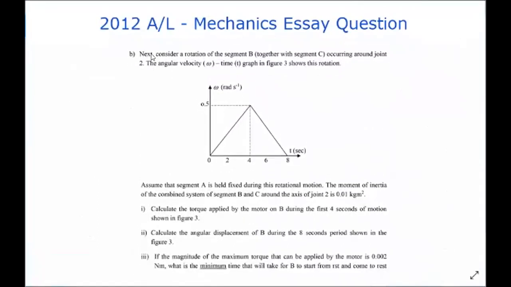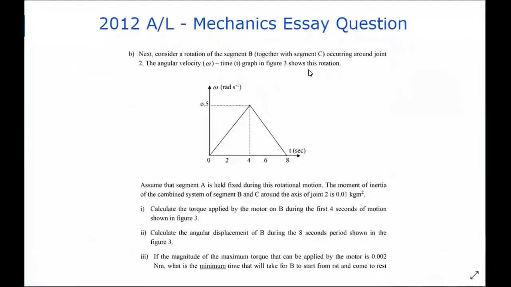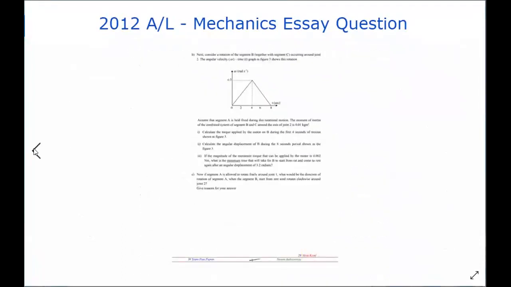In part B, next consider a rotational motion of segment B together with segment C occurring around joint 2. The angular velocity time graph is shown in figure 3 for this situation. Segment B rotates about joint 2.